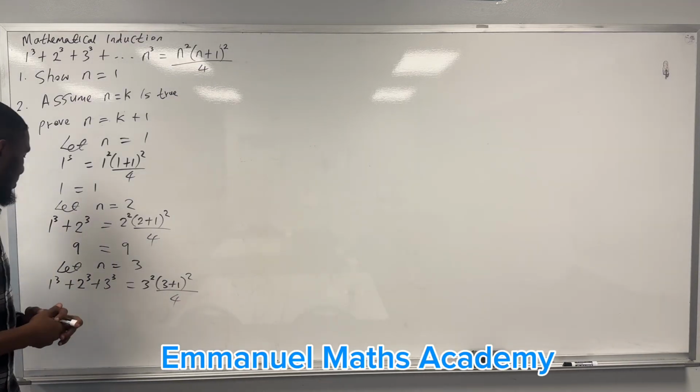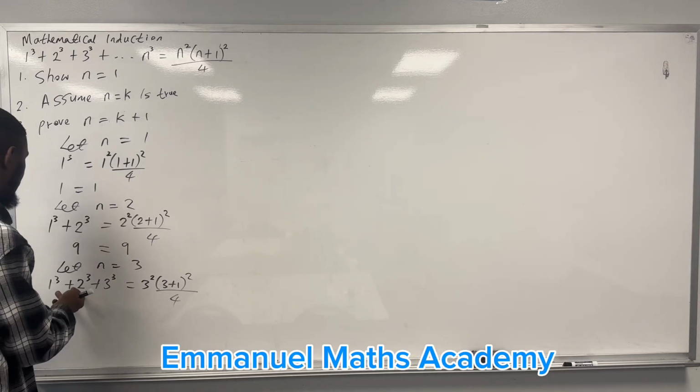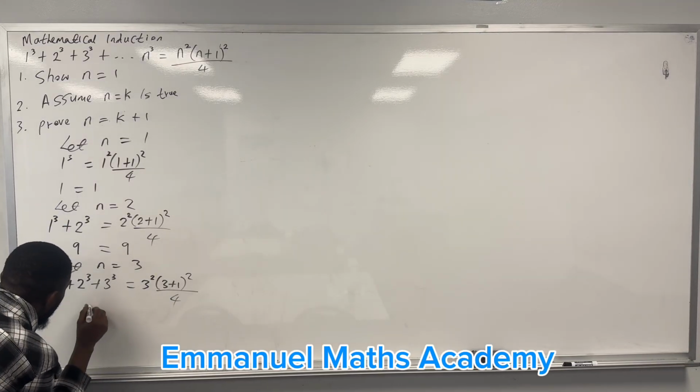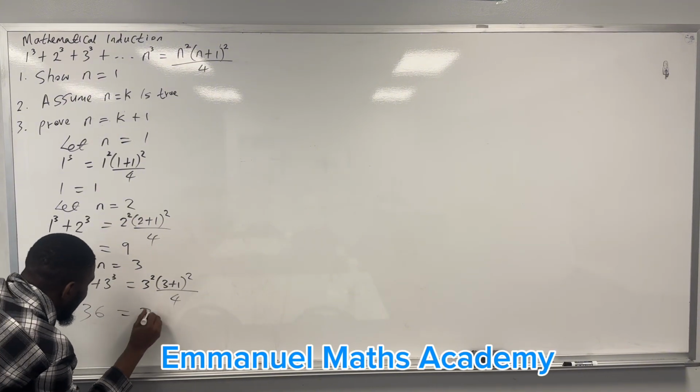Alright. So if we simplify this further, we have what? 3 raised to power 3 will give you what? 3 times 3 will give you 9. Alright? So 9 times 3 will give you 27. So 27 plus 8 will give you 35. 35 plus 1, 36. So here we have 36, and if you simplify the right side further, you also get 36.